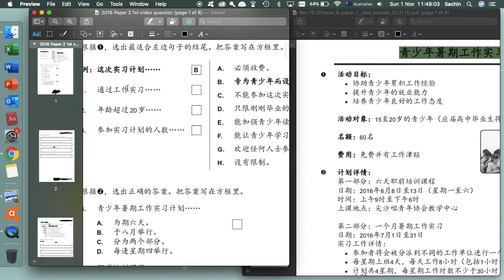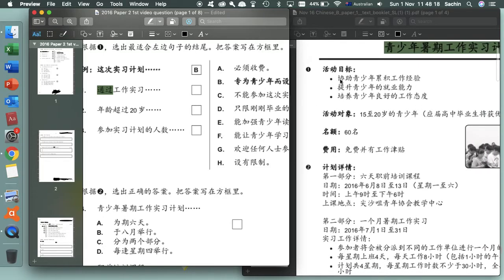Since it's 通过, which is like path, you want to go to 目标, which is sort of like the purpose, what path students are being led on. So we have 协助, which is to help young people accumulate work experience, 提升, improve young people's employability, and 培养, which is foster young people's good working attitude.